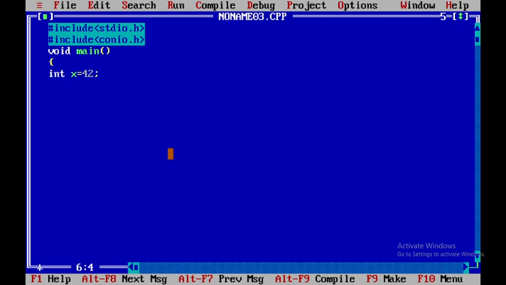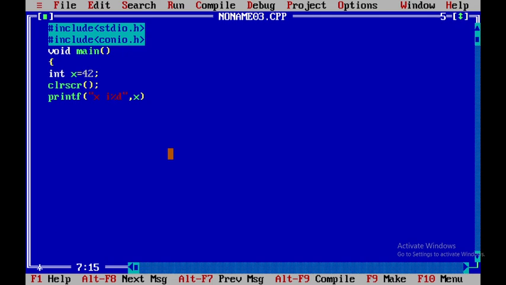Then to clear the previous output we use the keyword clrscr, and then printf with %d, since it is an integer. Then x is equal to %d, x.